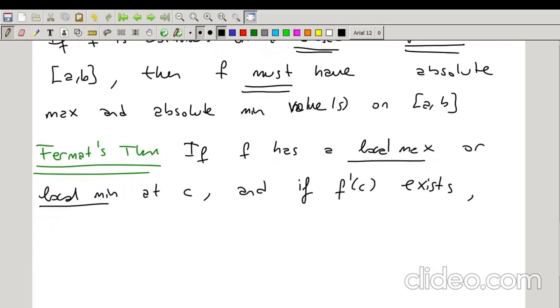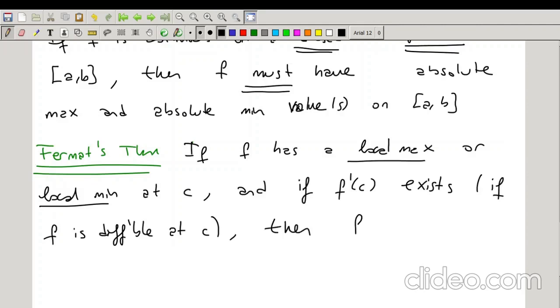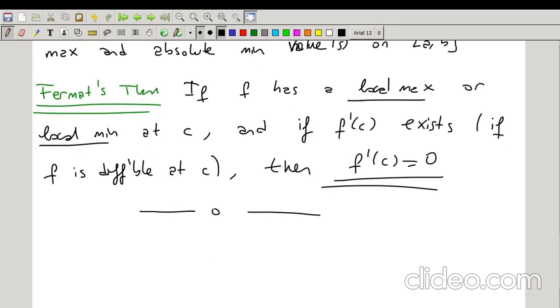You have either a local maximum or minimum at point c, and moreover f prime of c exists. Of course, f is differentiable, let me also write it in parentheses. If f is differentiable, of course. Otherwise, you cannot talk about f prime of c. This is obvious, but let us state it again. Then f prime of c equals 0. So this is a strict condition. As you see, in these two cases we have f prime of c equal to 0.